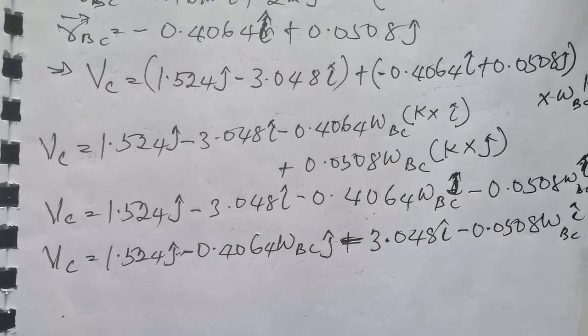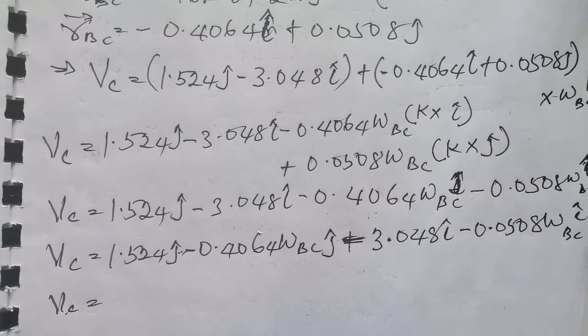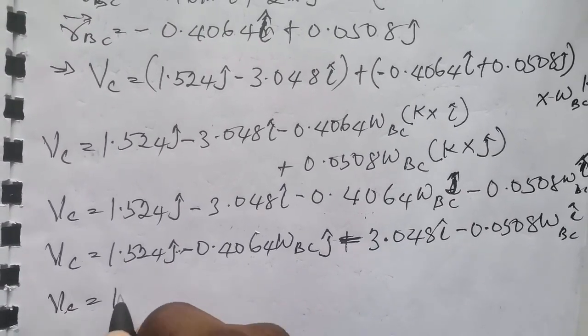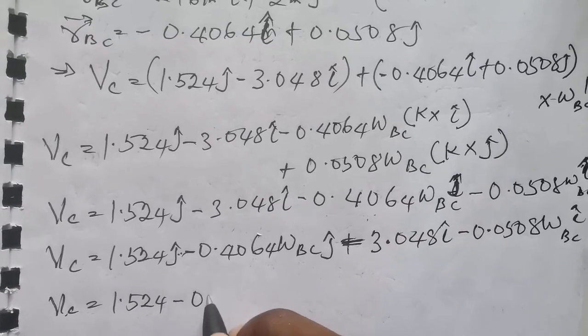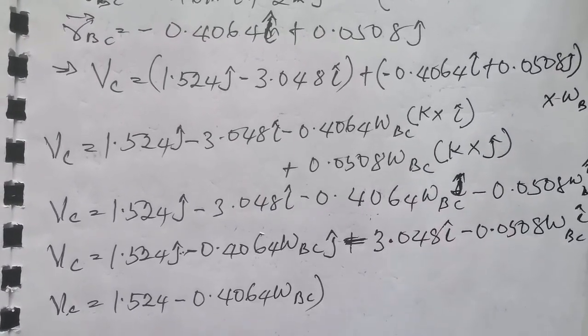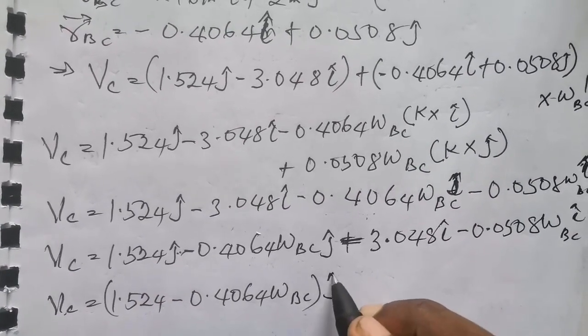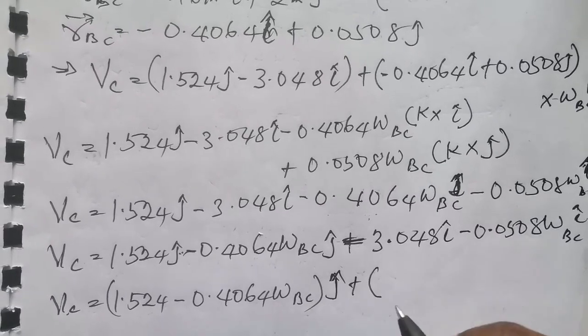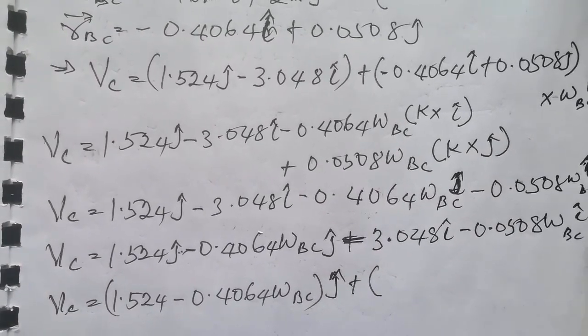So comparing them together, this simply means VC is equal to 1.524 minus 0.4064 omega BC, all in the J direction, plus over here we are simply factoring the unit vectors.